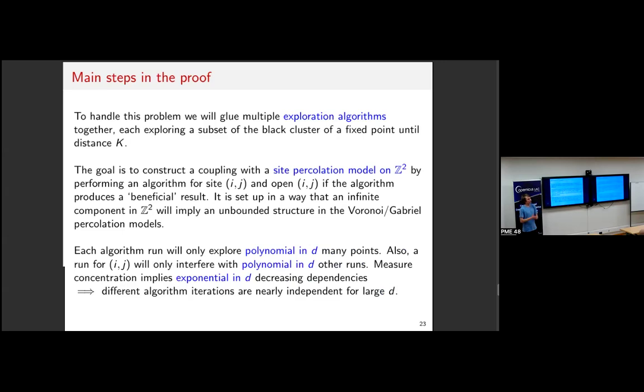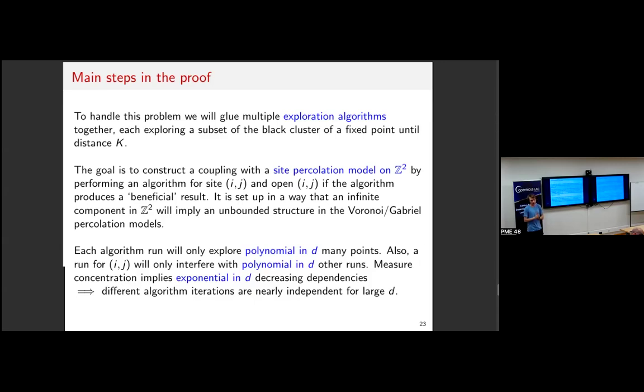But if those exploration algorithms only explore polynomial in d many points, and one exploration algorithm can only interfere with polynomially many exploration algorithms around it, then you can use again this measure concentration that we had before, because this measure concentration says that all those intersections, where the dependence is basically the reason for the independence, of course they decay exponentially fast in d.